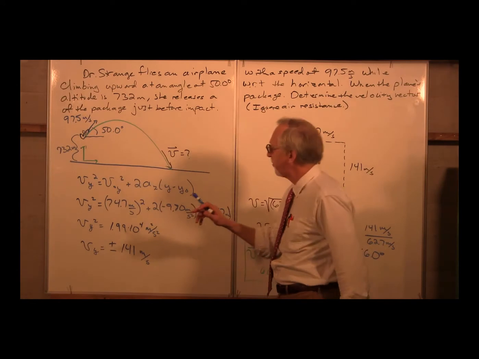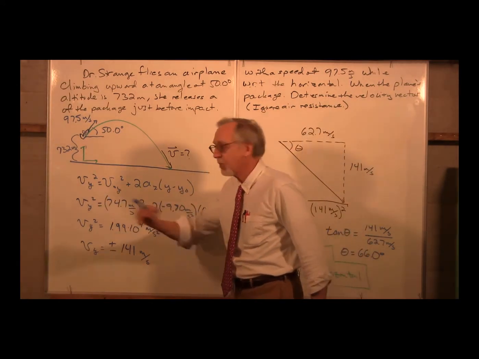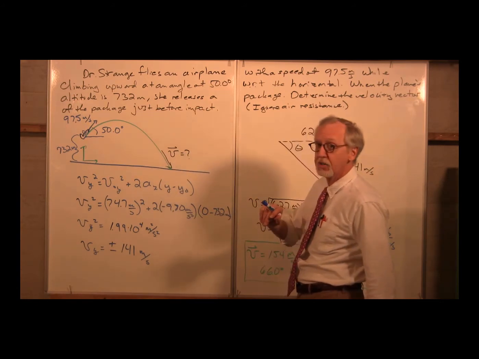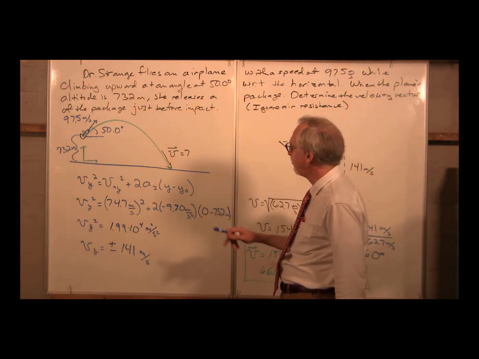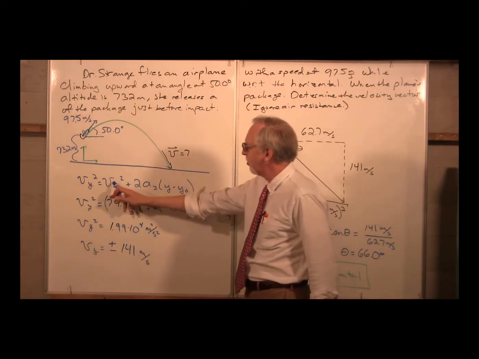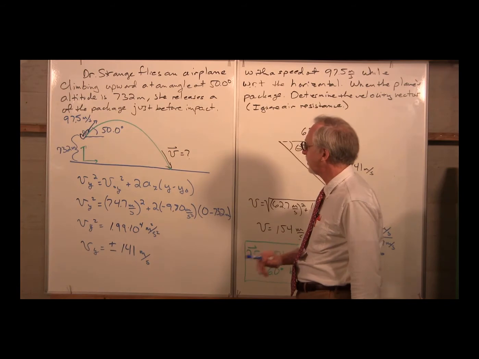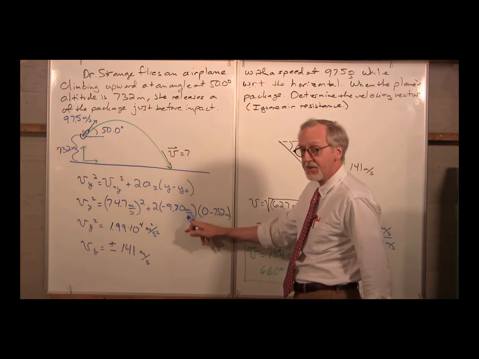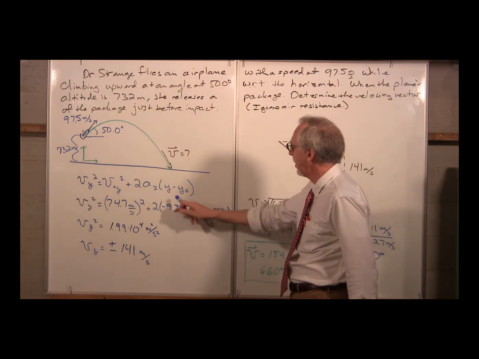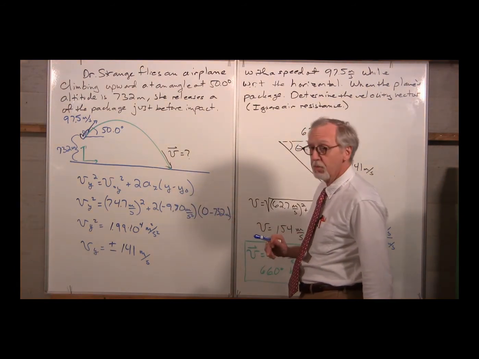So using the fourth equation from the y motion, we have v sub y squared equals v naught y squared plus 2ay times y minus y naught. Putting in our values, we know v naught y is 74.7 meters per second, squared, plus 2 times ay, negative 9.80 meters per second squared. y is 0 and y naught is 732 meters.